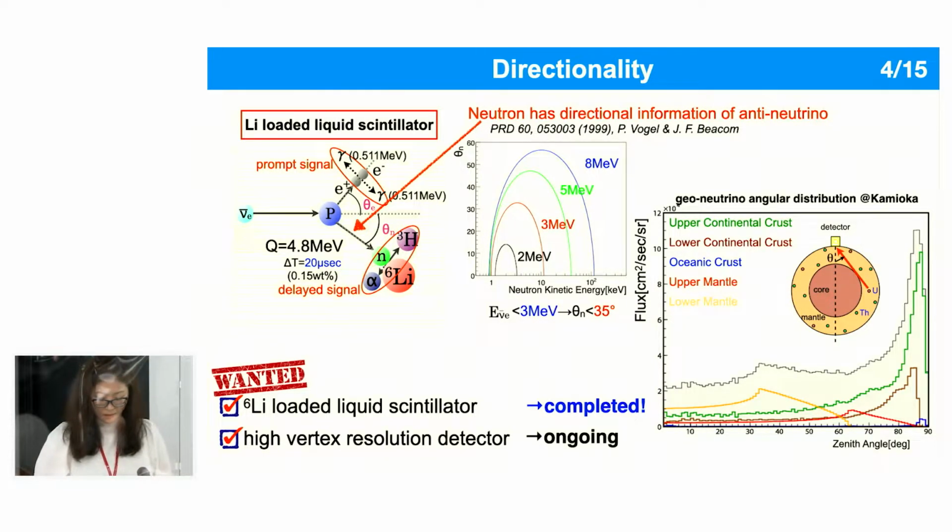So this is what we need. And if we can know that direction, we can separate the crust contribution and the mantle using this kind of directional information.